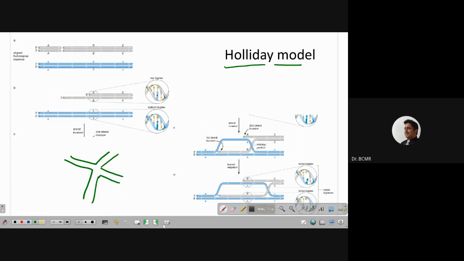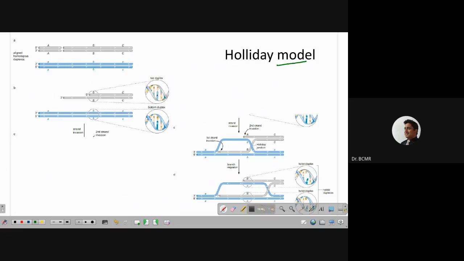He proposed a model based on his research, and that is called the Holliday model. Then we will go to the double-strand break model, and so on. Don't worry if you don't know why it is starting with all these things. The goal of this slide, and the two more slides to come, is about understanding how DNA strands can be exchanged within the cell. That's why we say they are models.